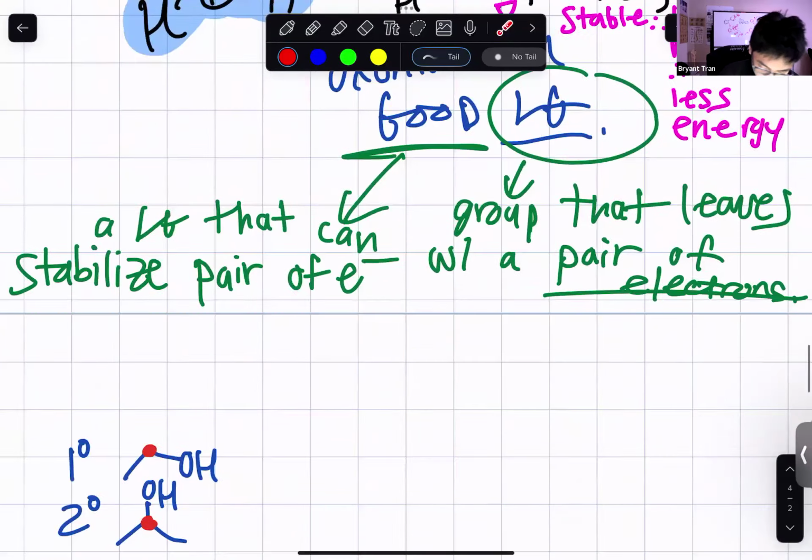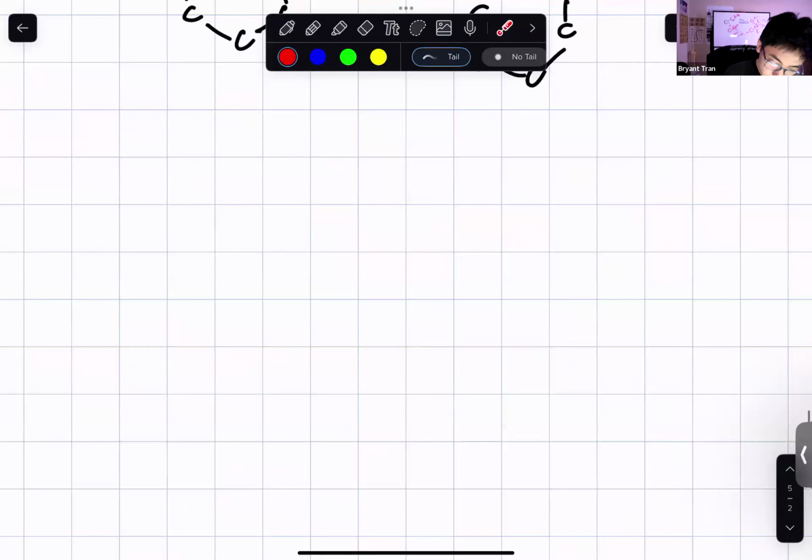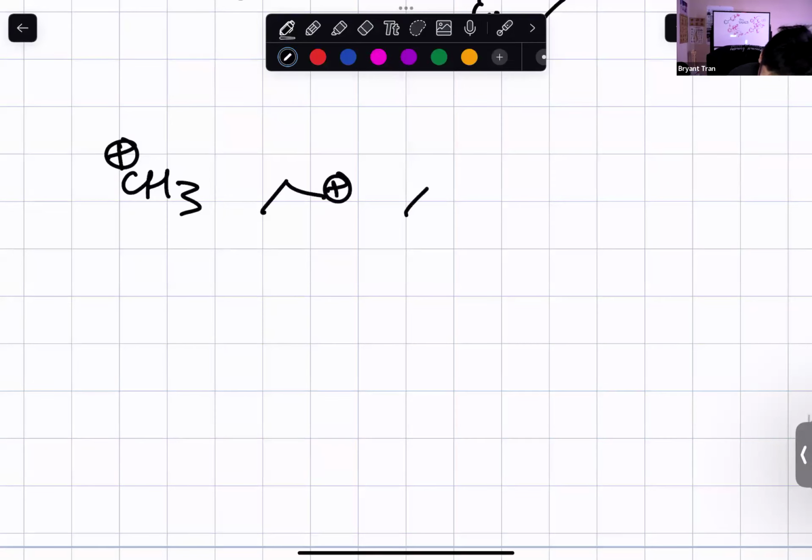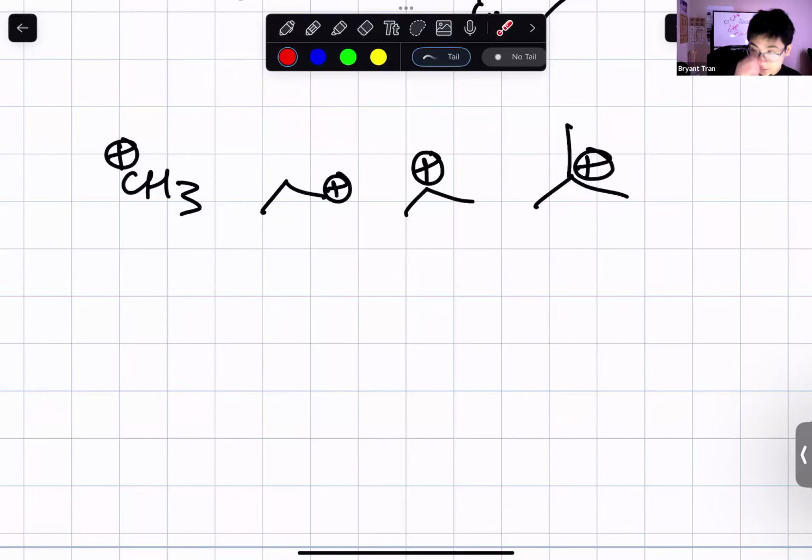So let's go over the different stability types of carbocations. This is a methyl carbocation. This is a primary carbocation. This is a secondary carbocation. And then this is a tertiary carbocation. We won't worry about resonance for now, because actually in 8B, you did go over that.